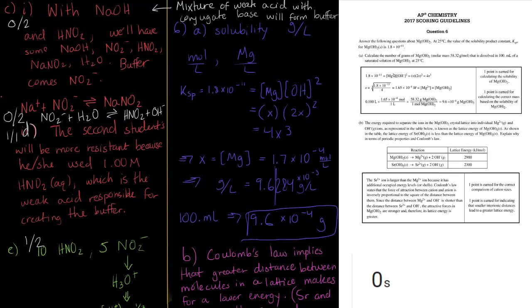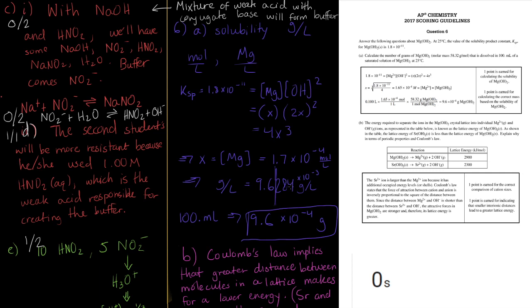6. So 1 point is earned for calculating the solubility of MgOH. So then this is the cube root over 4 because of this 2x squared over is the 4x cubed. So the solubility is going to be 1.65 times 10 to the negative fourth, which I rounded to 1.7, but whatever, I think that's fine.